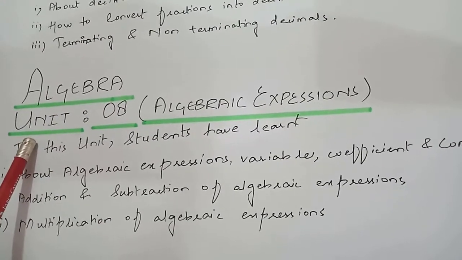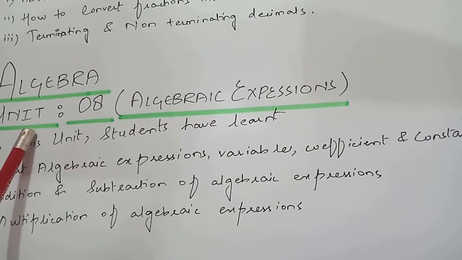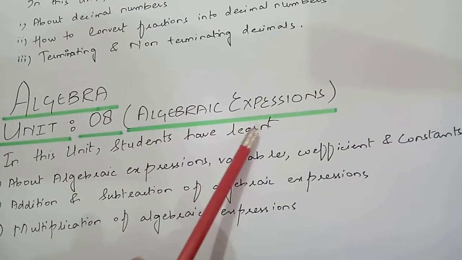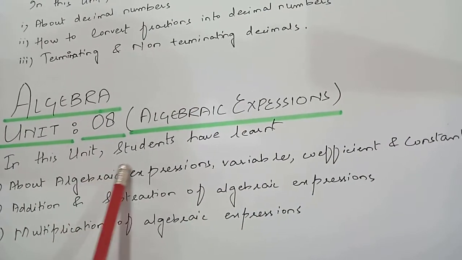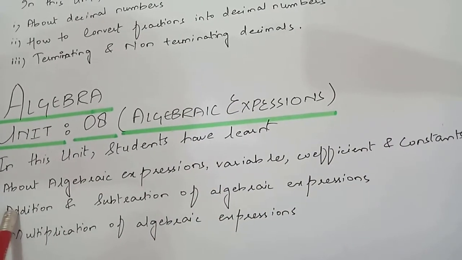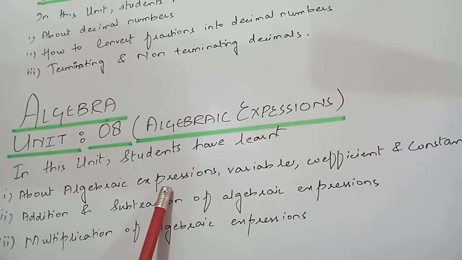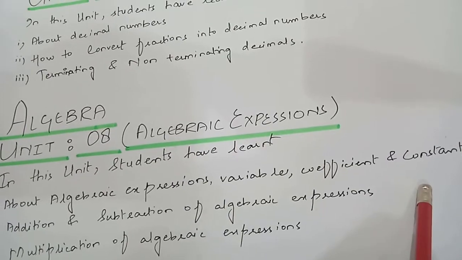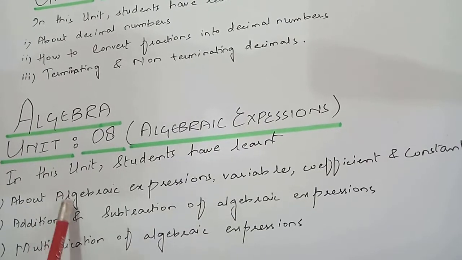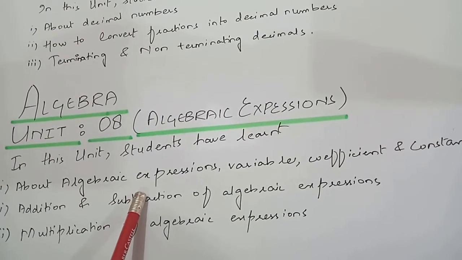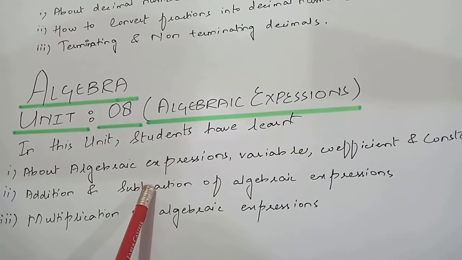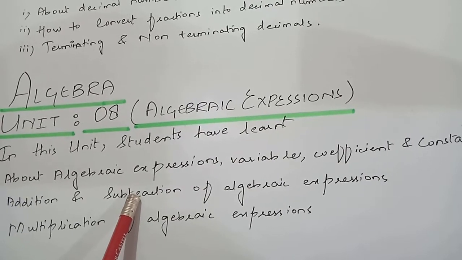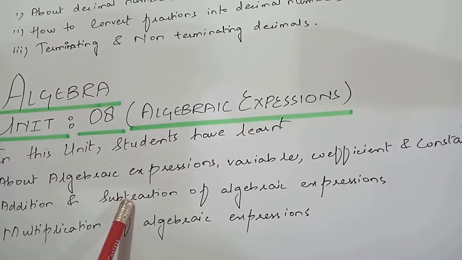In the algebra section, unit number 8 is included. Algebraic expression. In this unit, students have learned about algebraic expressions, variables, coefficients, and constants. A constant is a symbol with a fixed numerical value, for example 2, 35, 101.